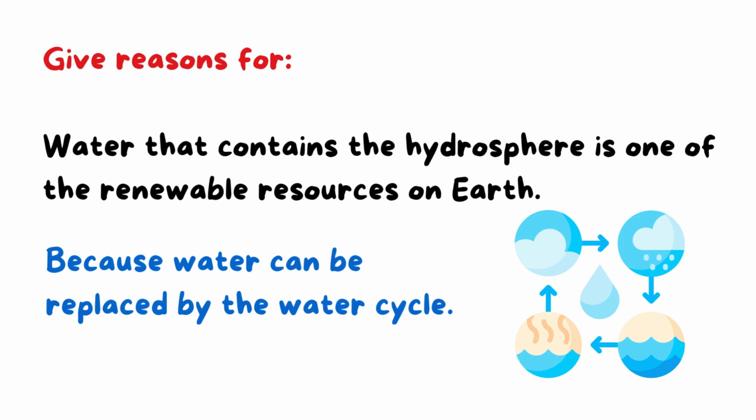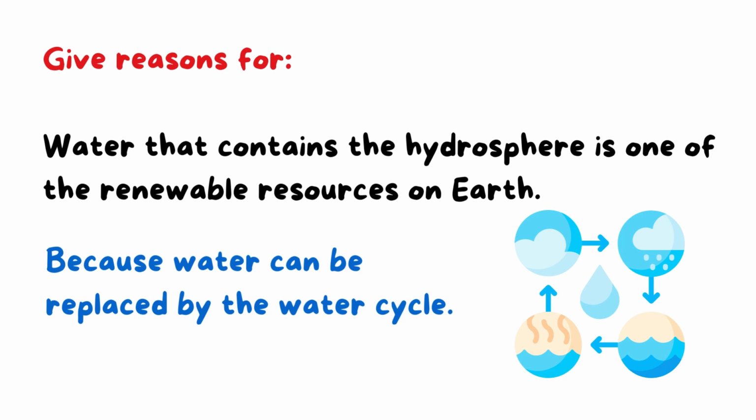In the water cycle, what happens? Water evaporates, so it changes from the liquid state to the gas state, water vapor, and then it forms clouds. Then it comes back to the earth in the form of rain, water again. So this is a cycle, and here water is a renewable resource.